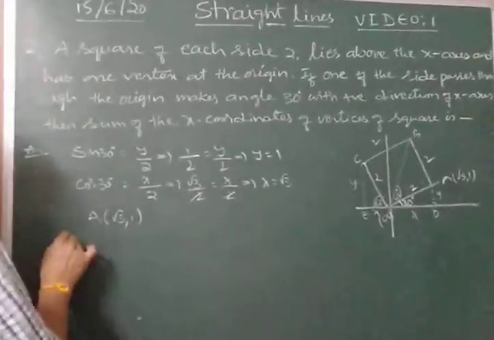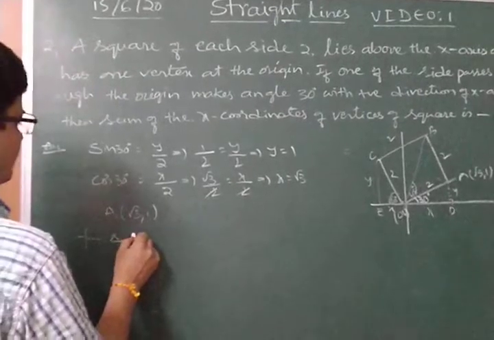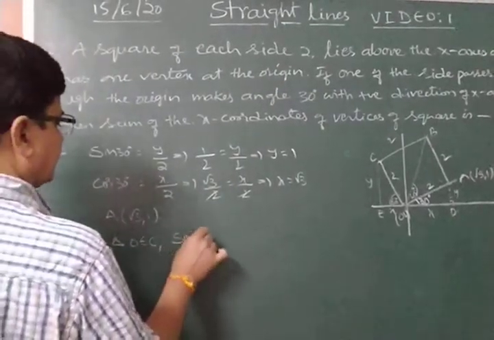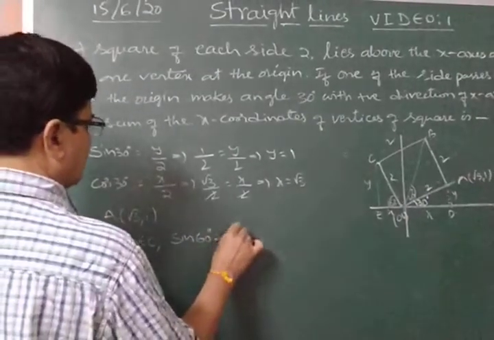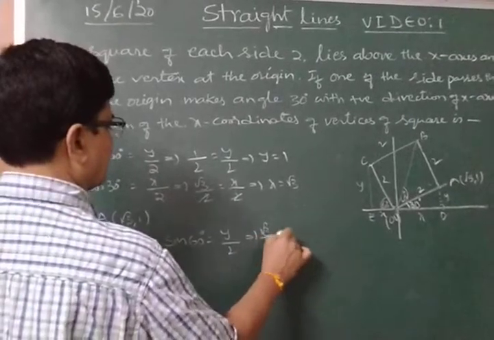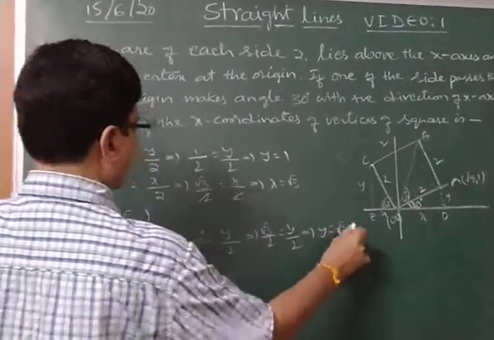From triangle OEC, sine 60 degrees is equal to the opposite side by the hypotenuse, which is 2. This is root 3 by 2 is equal to y by 2. That implies y is equal to root 3.